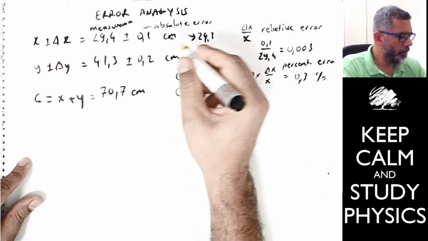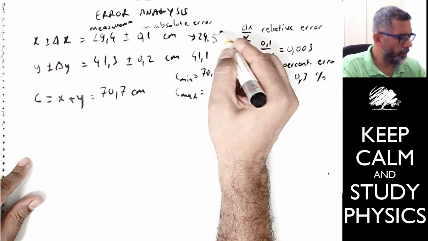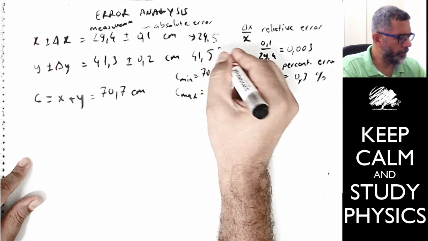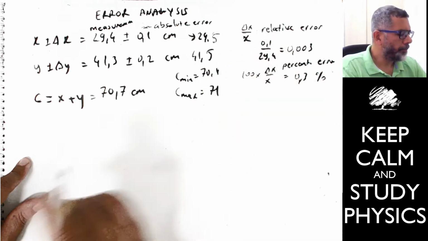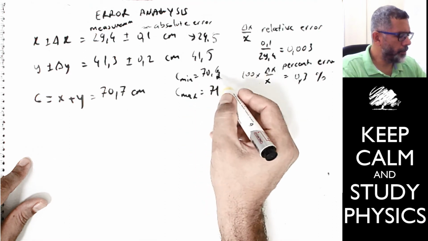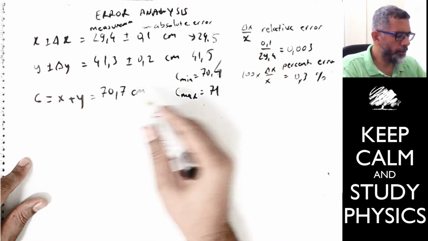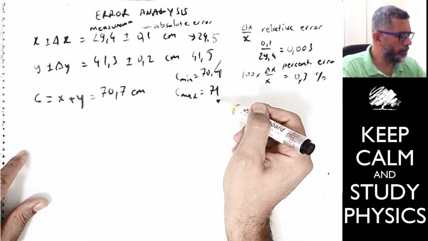In that case, this is going to be 29.5 and 41.5. It is going to be 71, right? So this is a possible minimum value for the addition, and this is the possible maximum value.